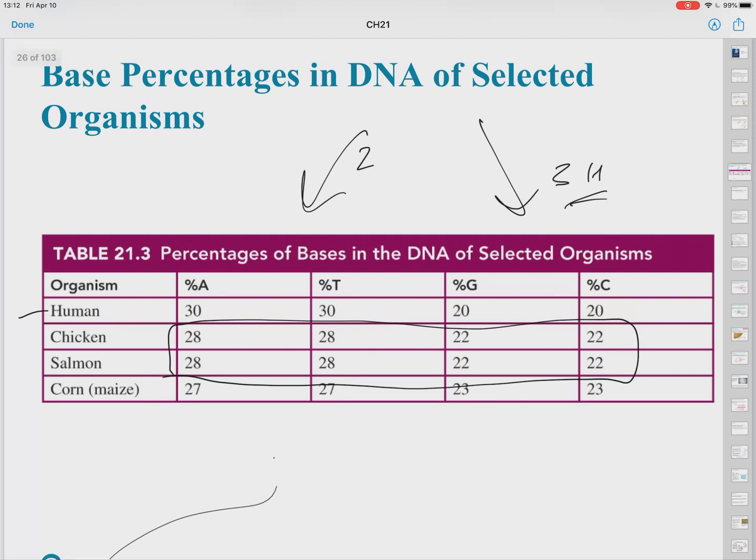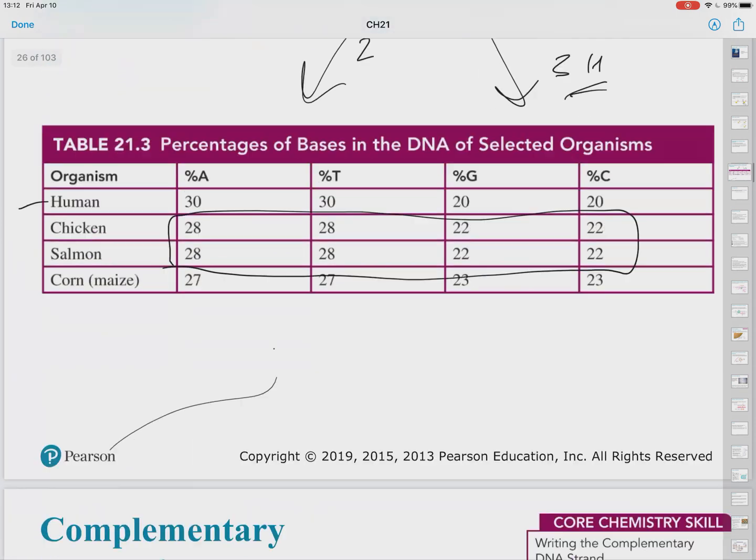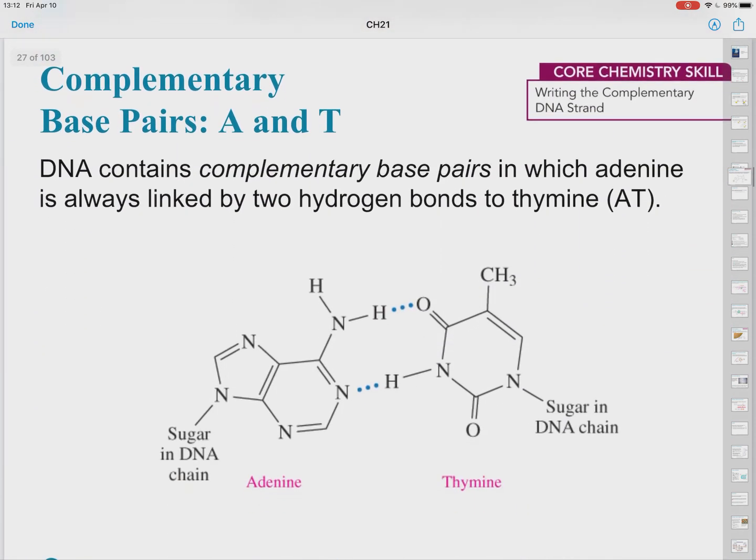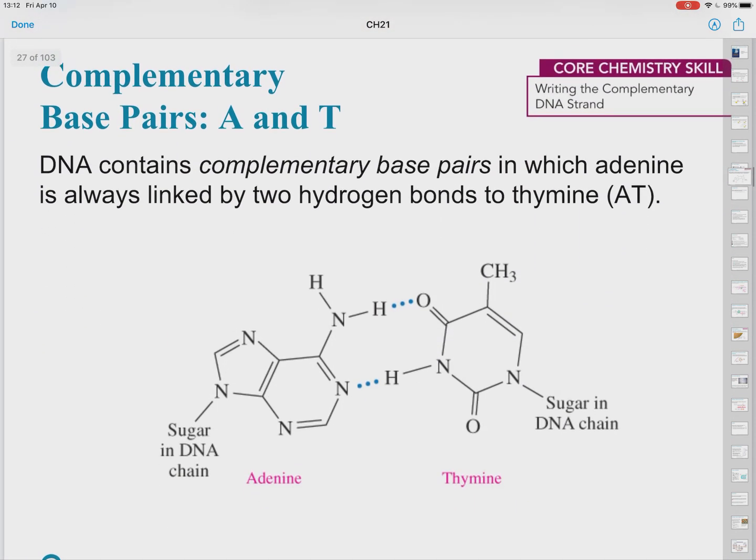I think humans and E. coli, which isn't on this list, also are very closely matched, or humans and yeast or something like that. But of course, we're completely different. So you can't make any meaningful comparisons based on this. This is just a number that we can look at, but it doesn't end up meaning anything.